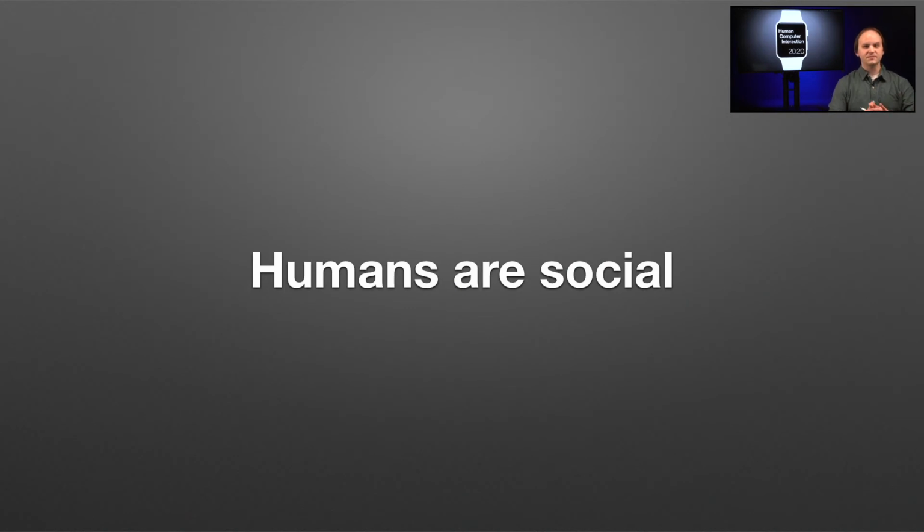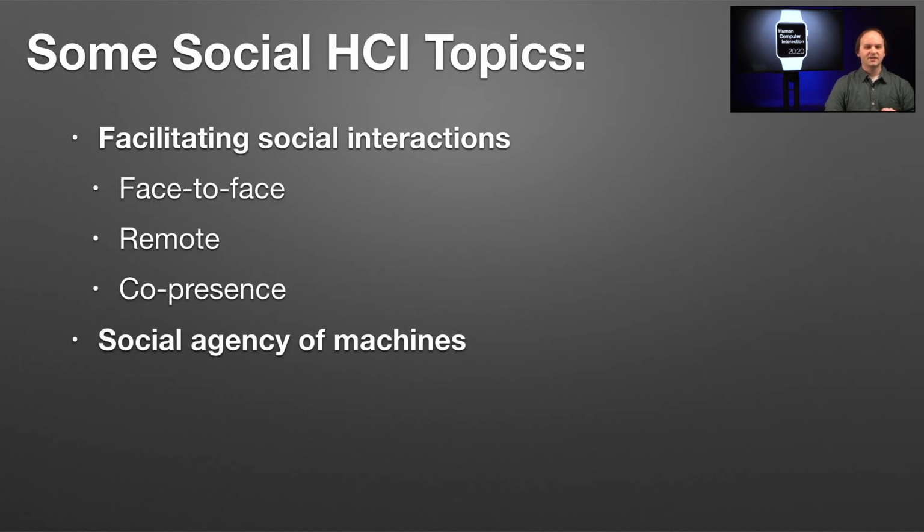So, the reason we talk about social HCI at all is that humans are social, and we can't get around that. As we go through this topic, we'll start with one of the more traditional things, and that's technology facilitating social interaction.